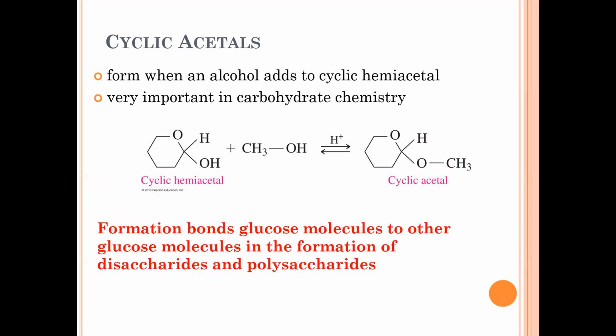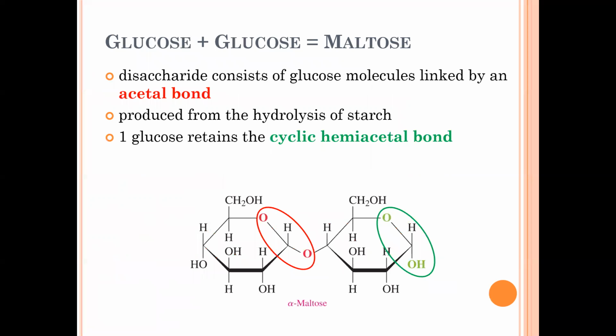So it's an acetal bond that will hold disaccharides and polysaccharides together. So it's this type of bond that we're going to see in carbohydrates. So it's very important in carbohydrate chemistry, and we'll get into it later on when we start talking about carbohydrates.